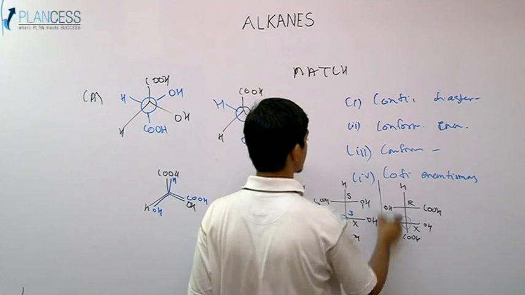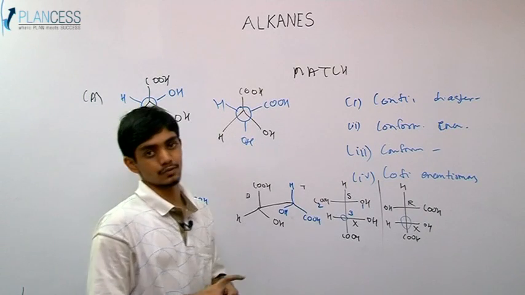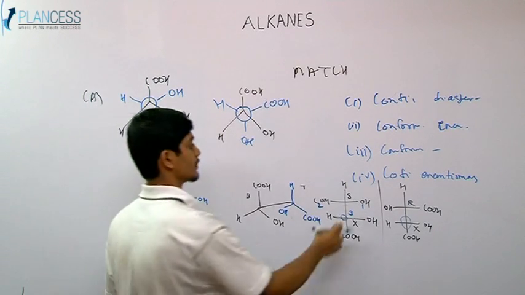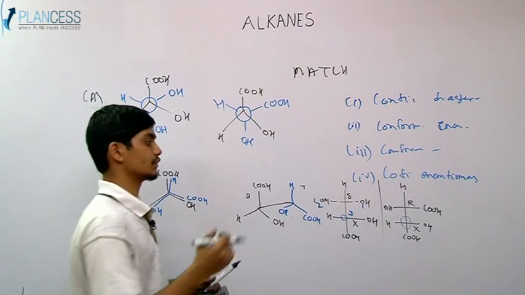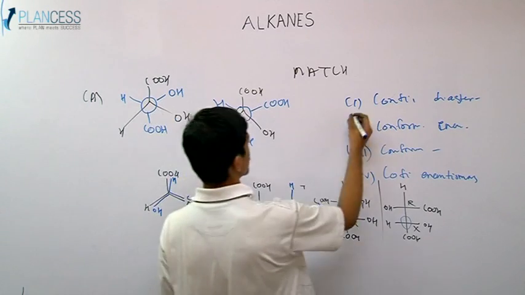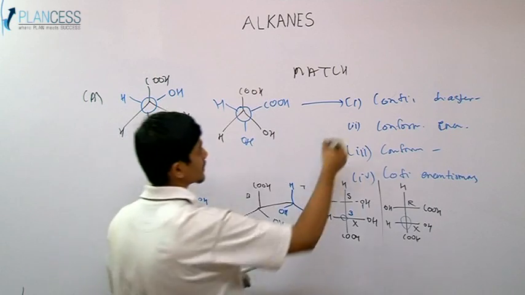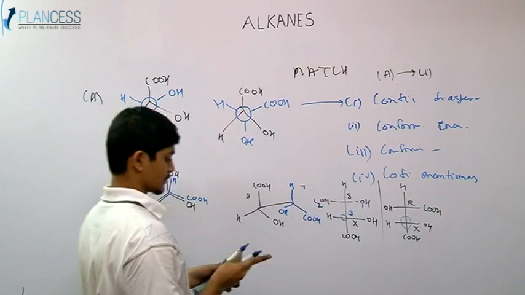So now that means these are two diastereomers, and these two diastereomers are coming due to what? Configurational changes. We have exchanged this H and OH, and to bring that configurational change, we need to break the bonds, and we require a lot of energy. So that means the correct answer is configurational diastereomers for the A1. A is the first one.